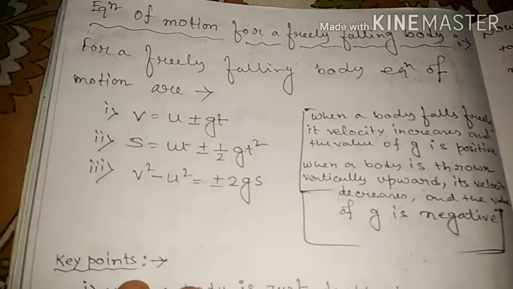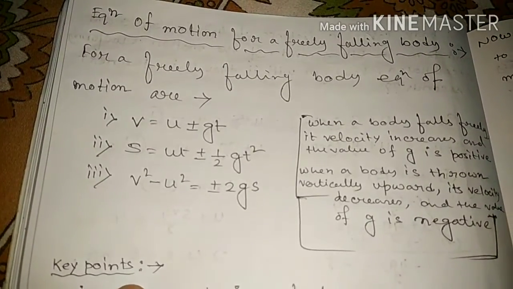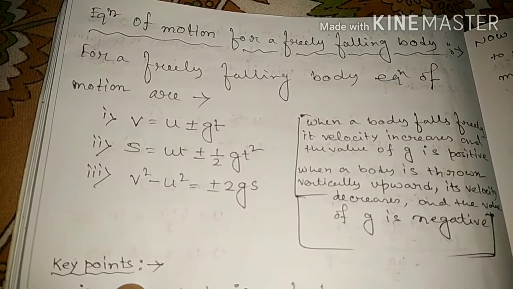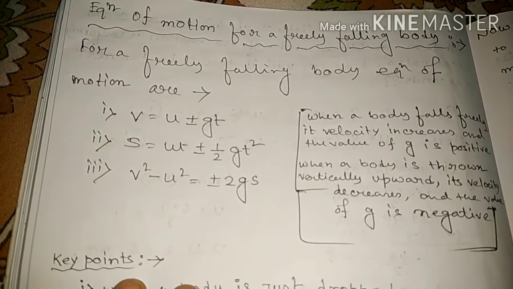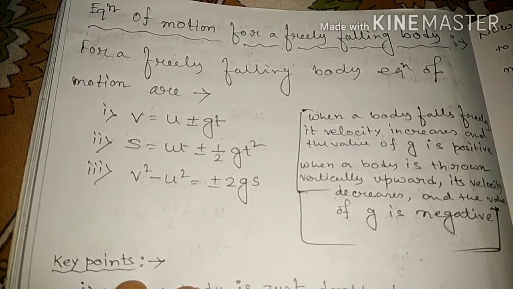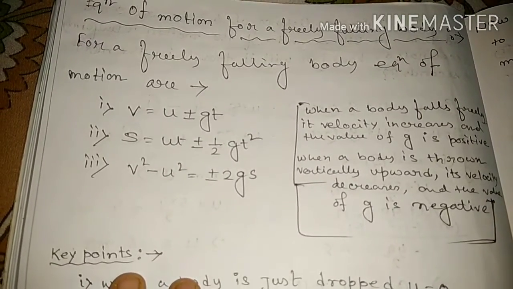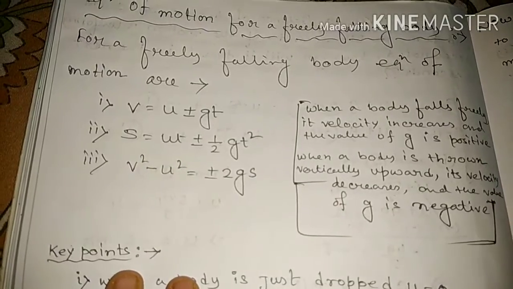Why do we use plus or minus? Because sometimes we throw the ball vertically upwards, and sometimes a body falls vertically downwards. That means once it is against the gravity, opposite to the gravity, and another one is towards the gravity.